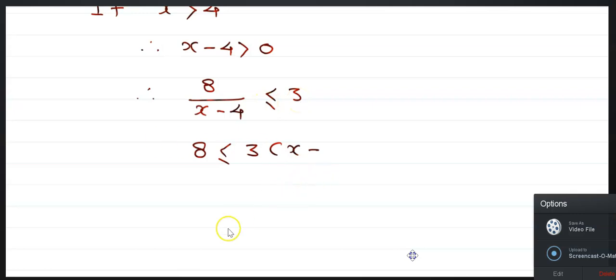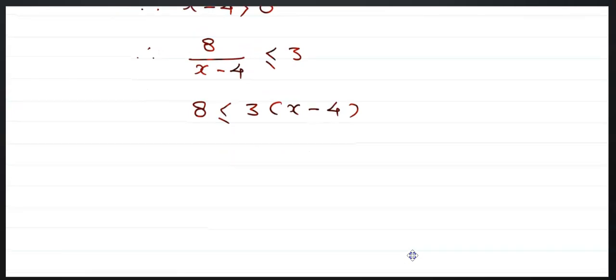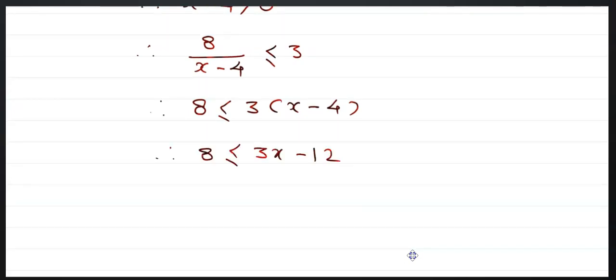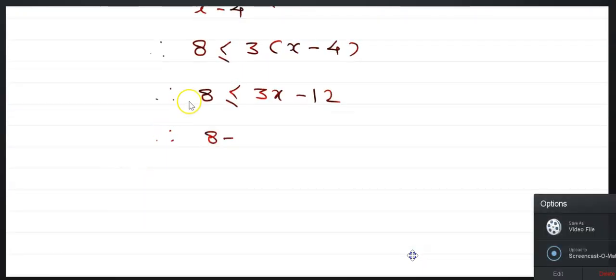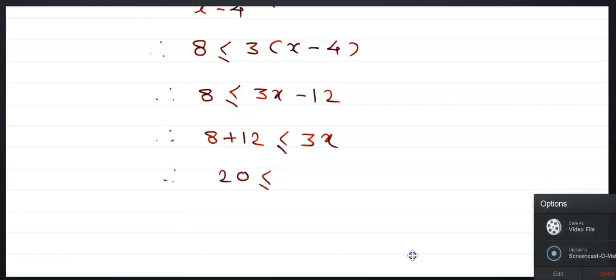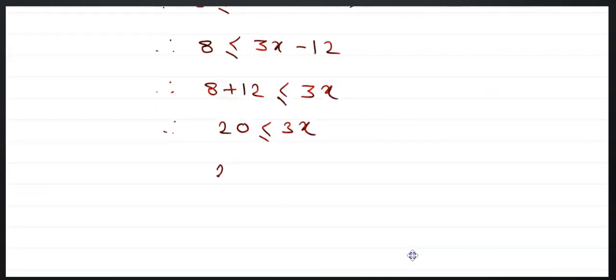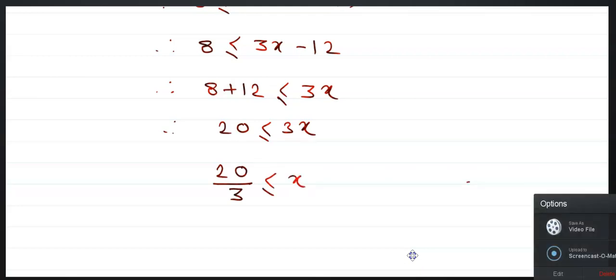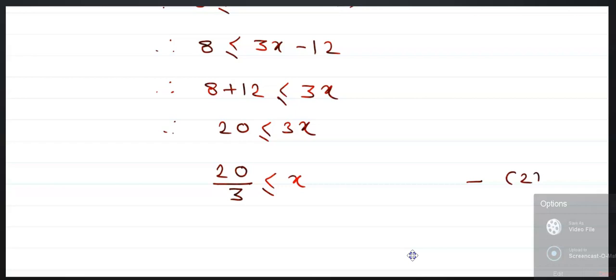Now if we simplify here, you will get 8 less than or equal to 3 in bracket x minus 4. After simplification, 8 is less than or equal to 3x minus 12. That is 8 plus 12 less than or equal to 3x. Therefore, 20 less than or equal to 3x. 20 upon 3 less than or equal to x.